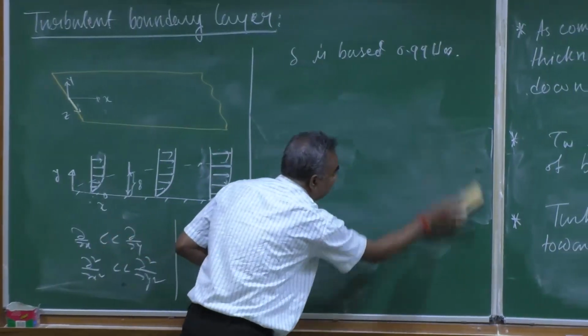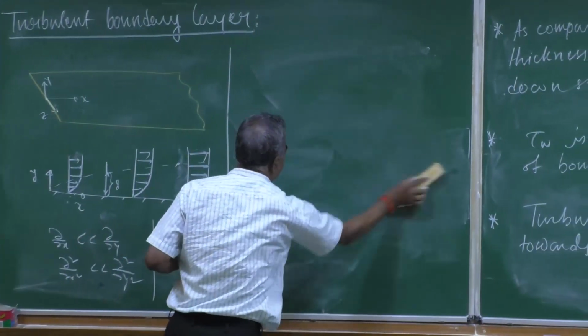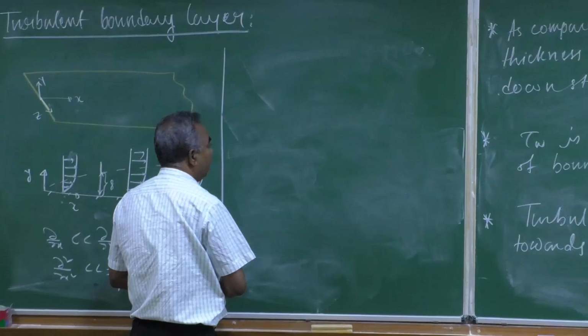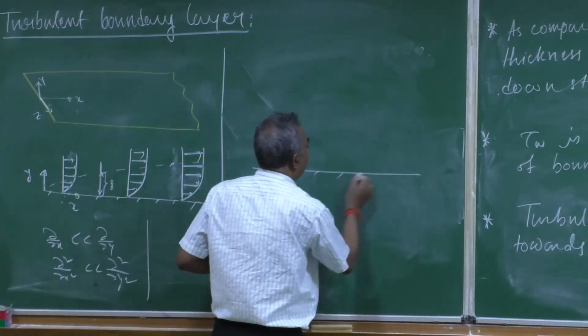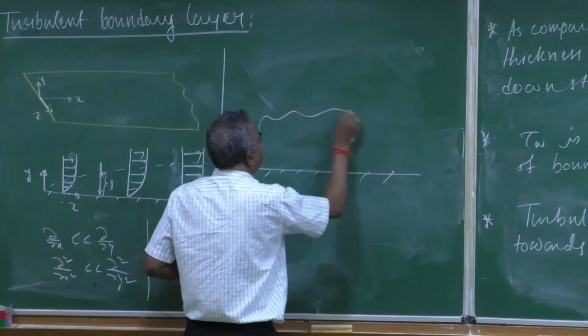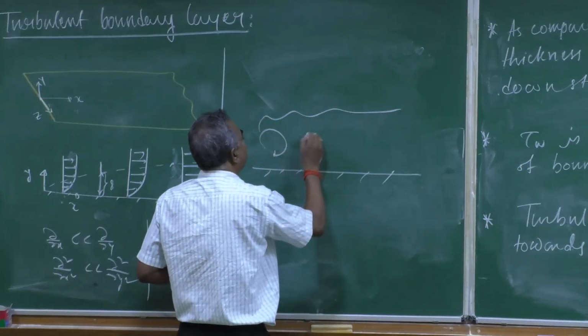Let me just give you a brief overview of what I mean by intermittency. Towards the outer side of the turbulent boundary layer, it is highly chaotic in nature.